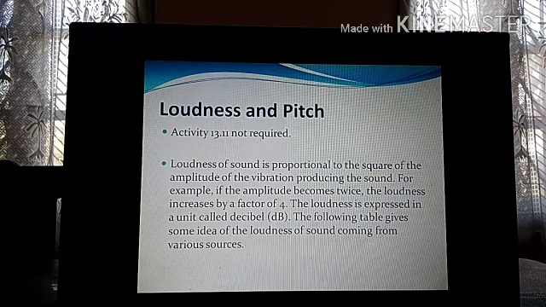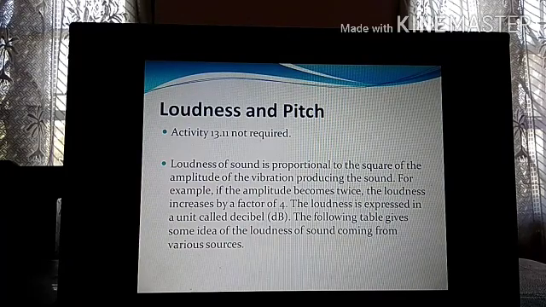I told you in class 7, when you were studying the simple pendulum, that when you extend the pendulum from the mean position to one extreme position, the maximum distance it goes from the mean position is called the amplitude. And frequency is how many times in 1 second the pendulum is going to oscillate.